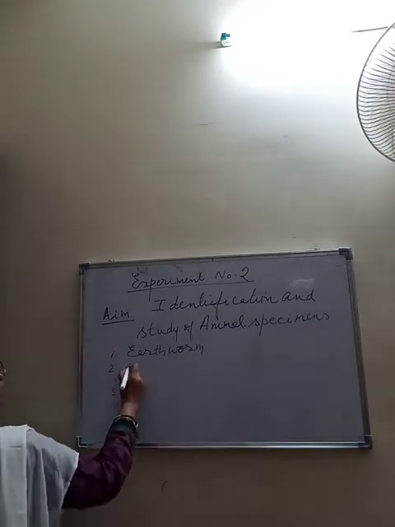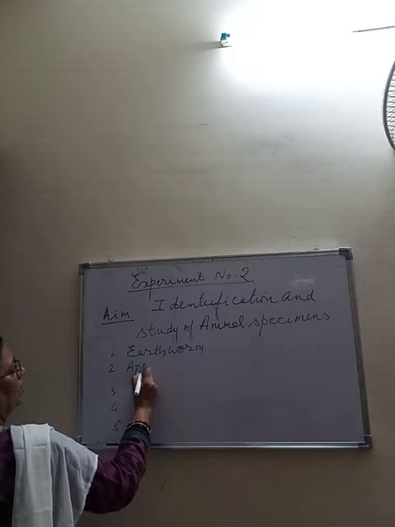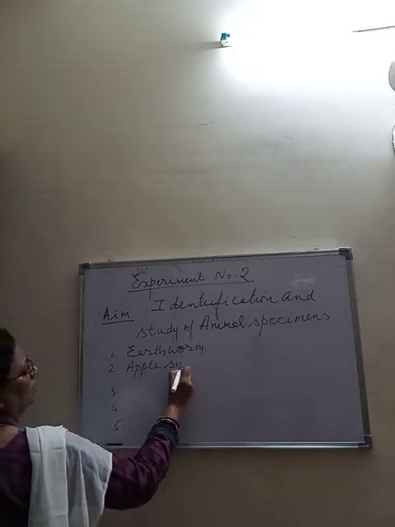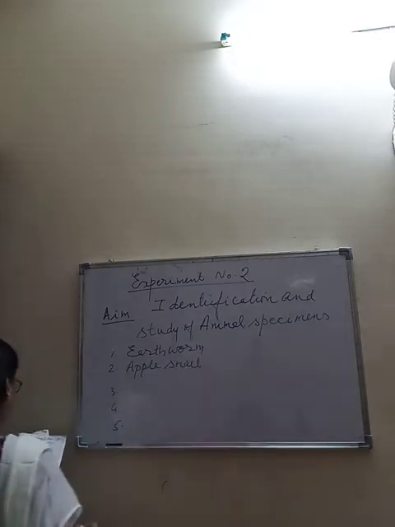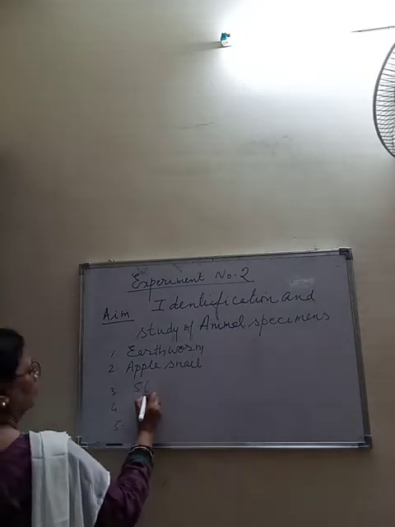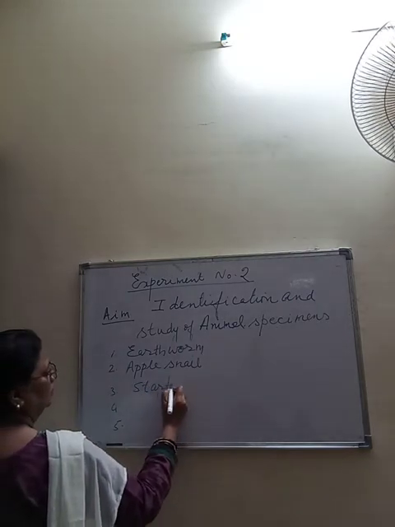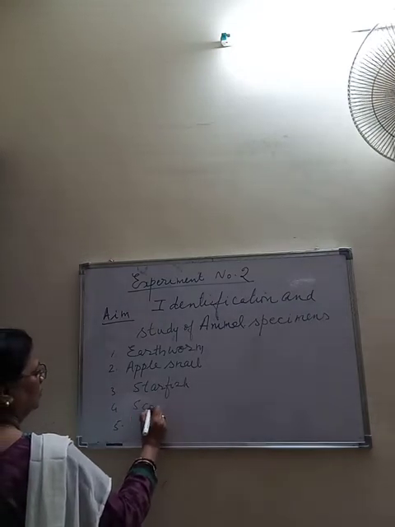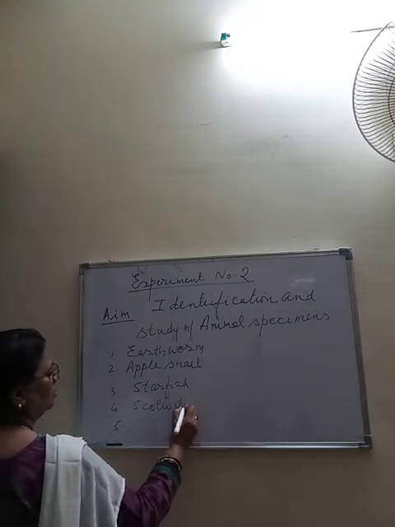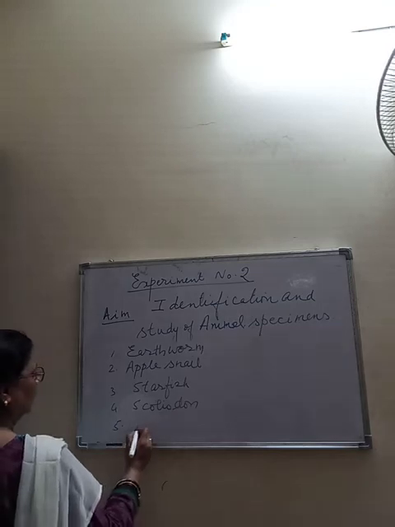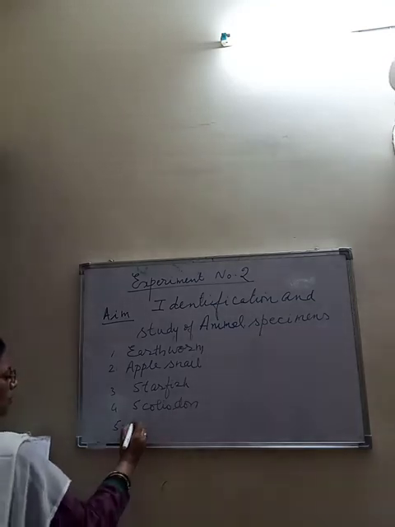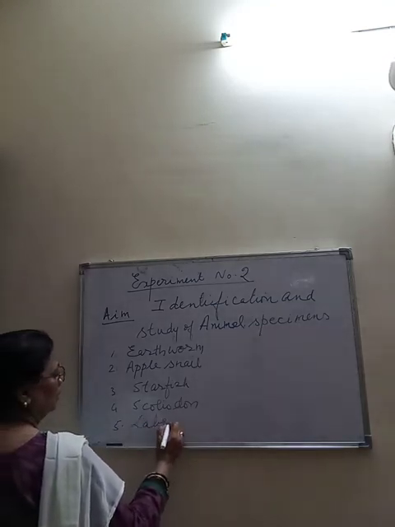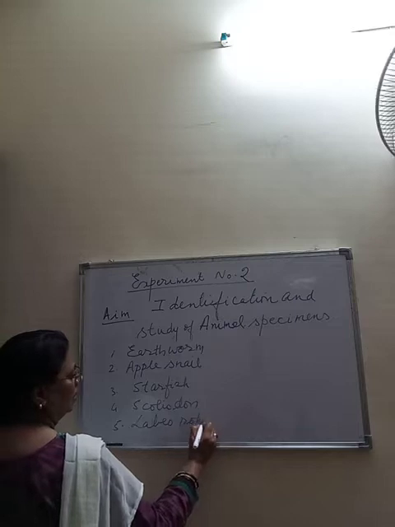Second is apple snail. Third one is starfish. Fourth is Scoliodon. And the last one is a bony fish named Labeo rohita.